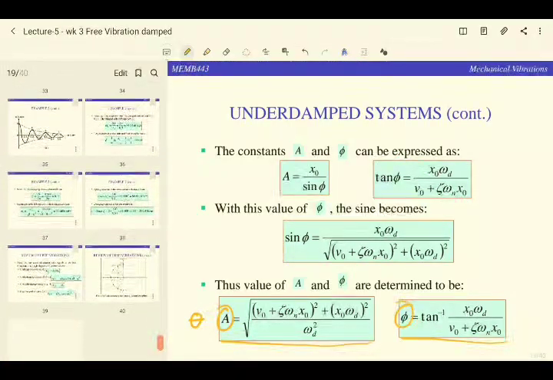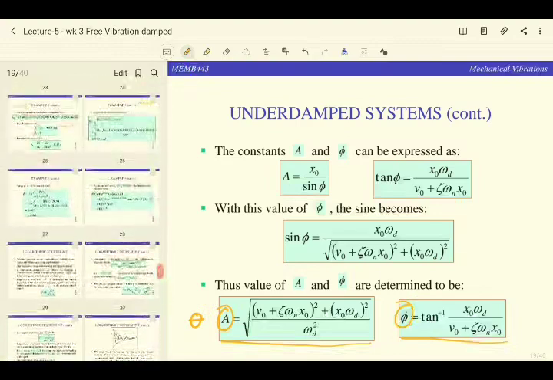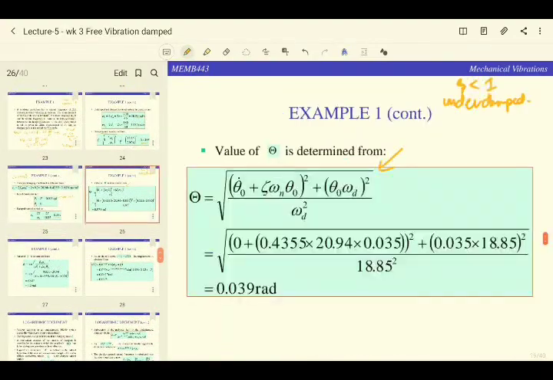So how do you actually solve that problem? For this one, see slide 19, where this one was A, this one was your V, which is x dot naught, and this one was your x naught.